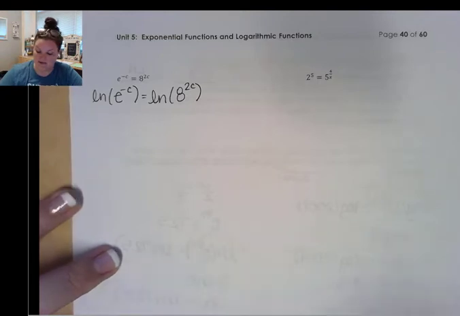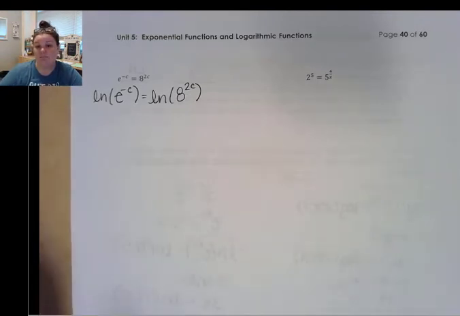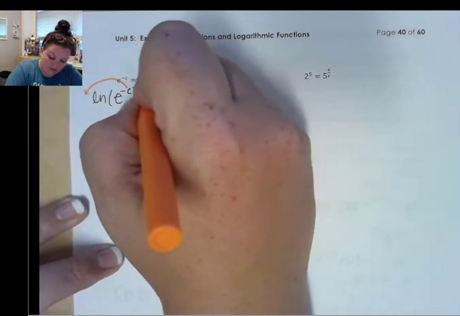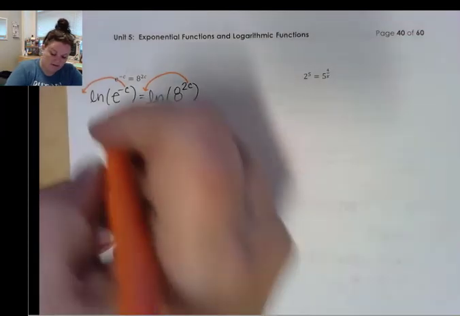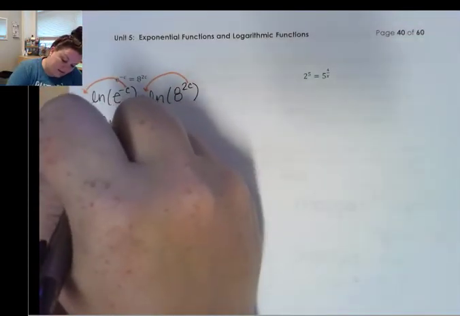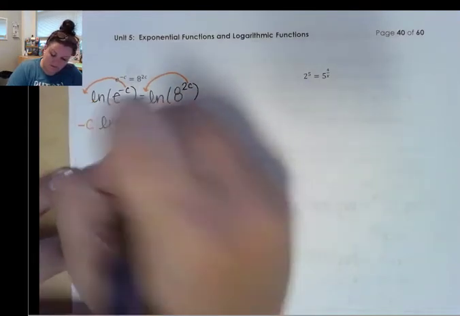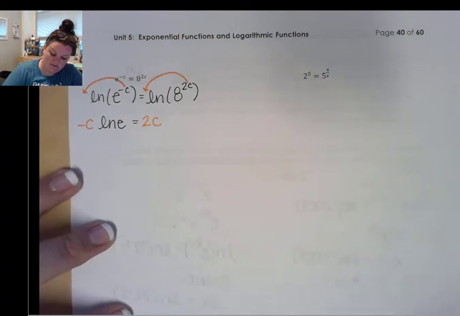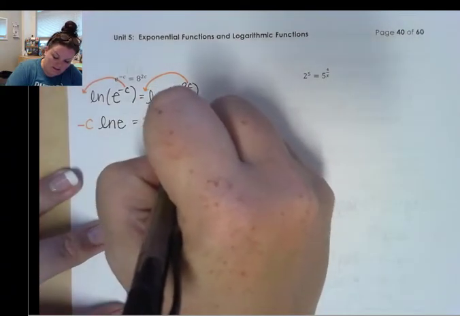So again, now that I have my ln's, I can bring those powers down. So I can bring the negative c down, and I can bring down the 2c. So I have negative c times ln e is equal to 2c ln 8.